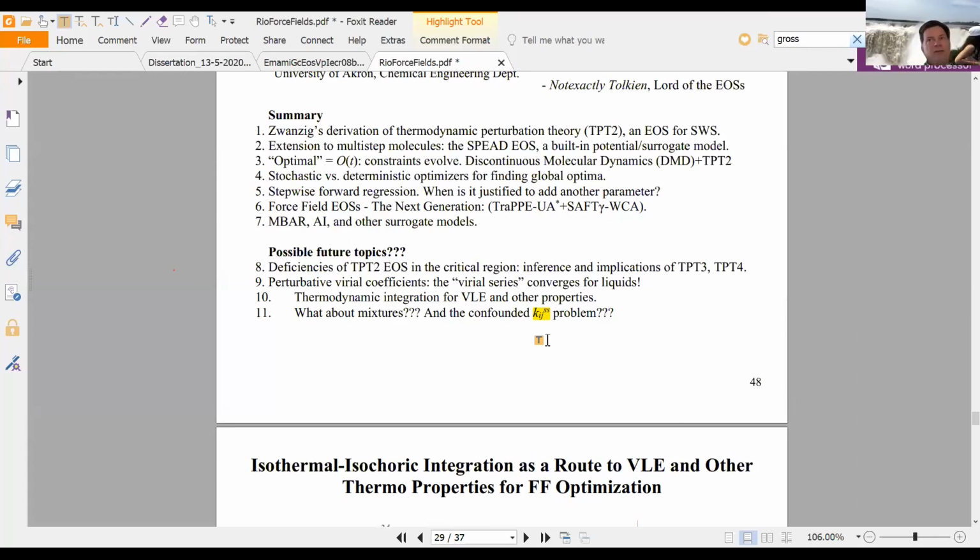Right. And so now you have a problem. You have to test whether assuming it's 0 is valid or not. And I call that a confounded problem because you have to impose that assumption for your CH3CH2 and then calculate all of your thermodynamics, because it's at the fundamental level of your force field.